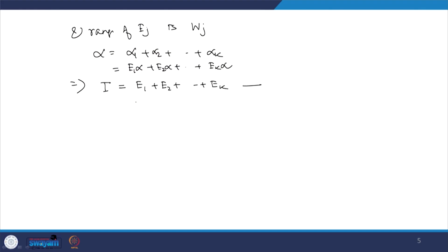Then is it possible to say that V will have a direct sum decomposition of W1, W2, Wk? That is the question. Let me write down these questions in a proper form. This is some sort of theorem.